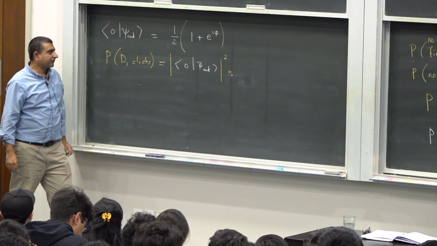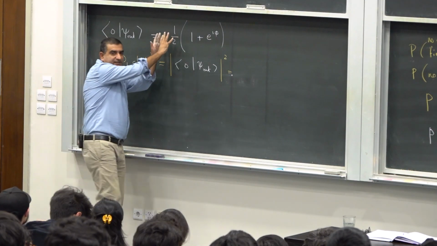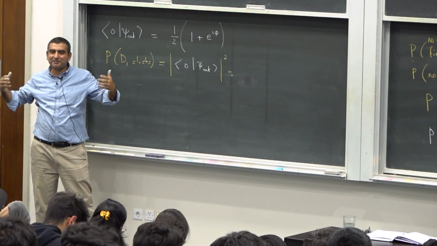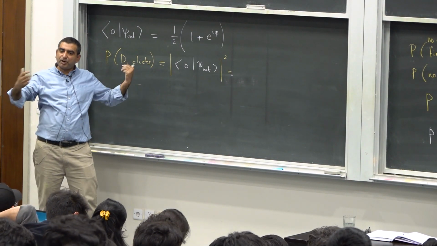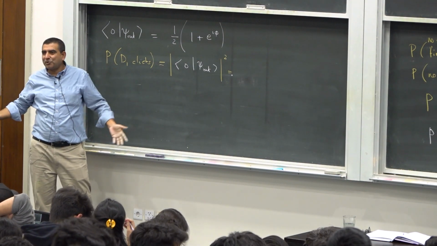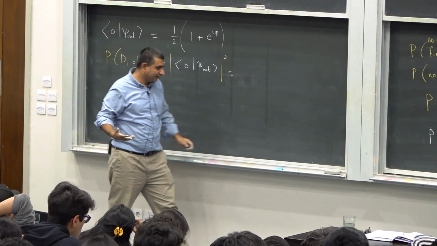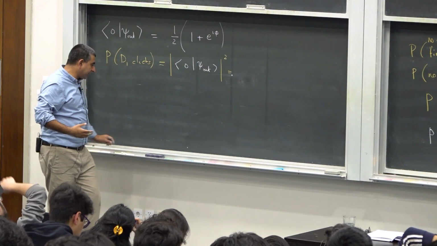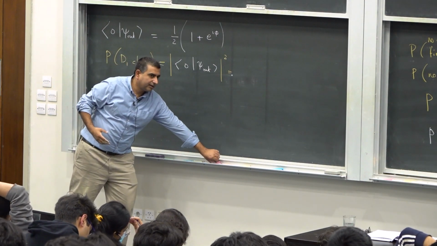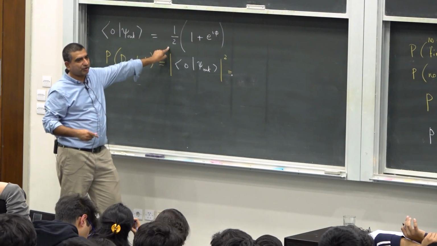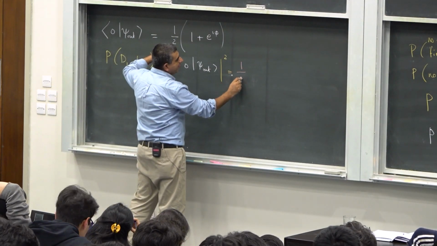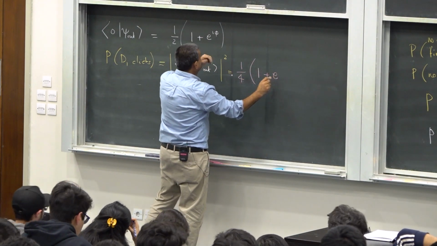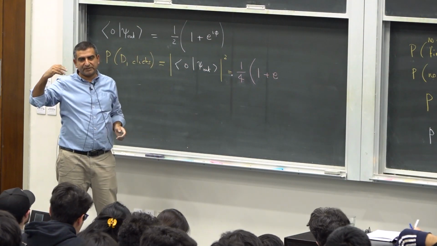Now how do I find out modulus square? I take this complex number, I multiply it with its complex conjugate, and the answer must now be real, because the probabilities have to be real. There is no concept of complex probabilities in normal quantum mechanics. So if I were to find out this result, how do I do that? I just take the modulus square of this, which means 1/4. I first write the entire term with all the phases inverse, which means the complex conjugate.